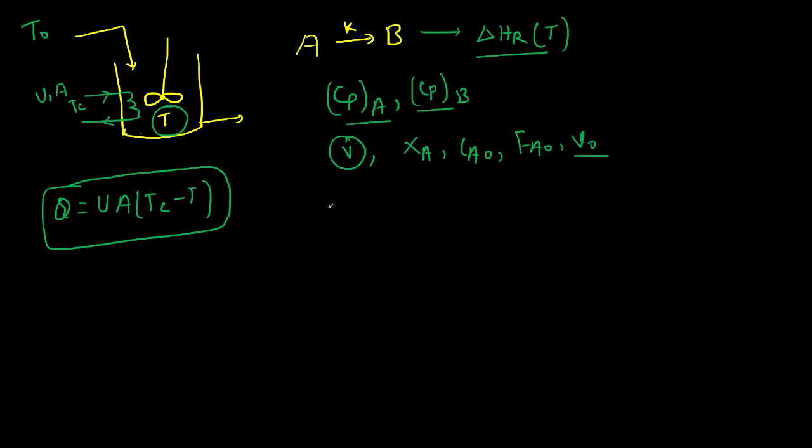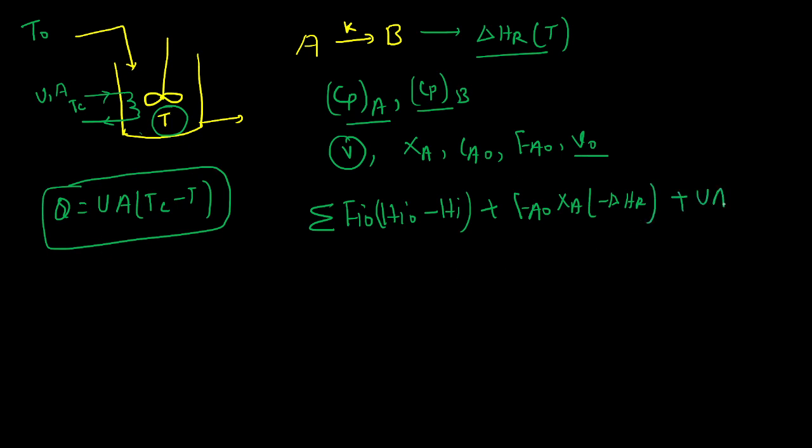So can I write summation of Fi naught (Hi naught minus Hi), right? Plus Fa naught Xa (minus delta H of R), and since heat is being supplied, plus UA (Tc minus T), that is equal to 0, right?